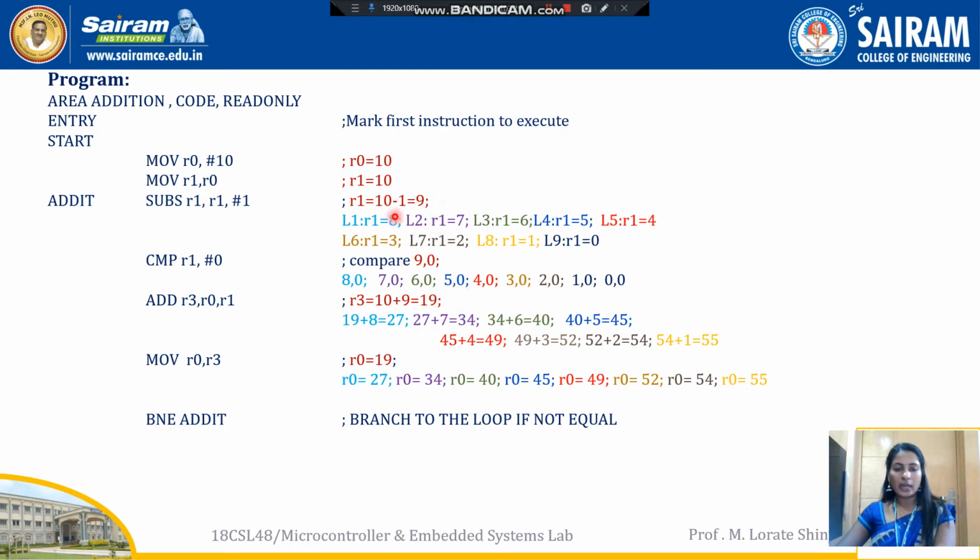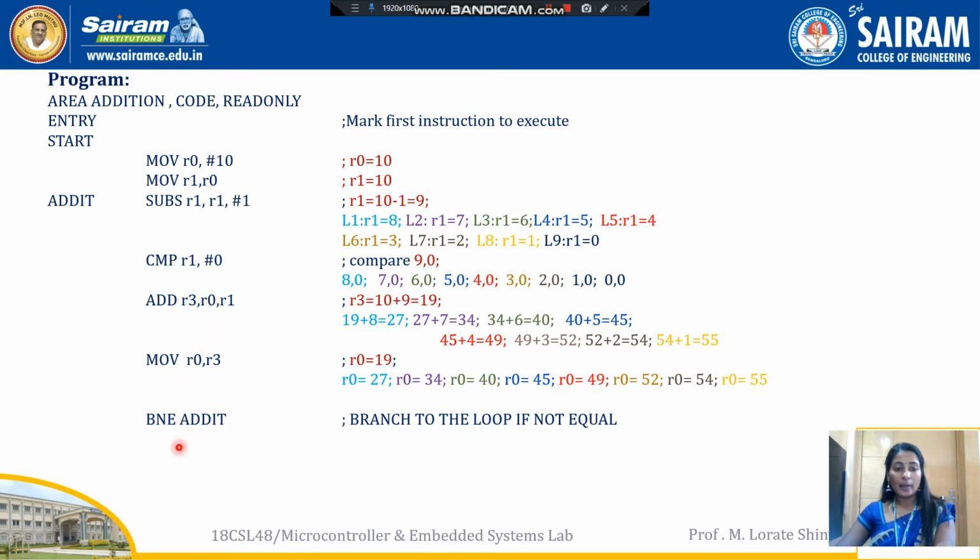I will continue this till R1 becomes 0. So R1 becomes 0. When R1 is 0, I will compare 0 comma 0 and I will add 55 plus 0. For the last time I will add 55 plus 0. The result will be 55 only.